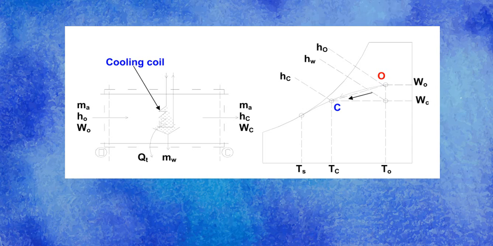So warm air passes through this coil, and in the process a certain amount of energy from this warm air is transferred to your cooling coil, increasing its temperature and resulting in an air-water vapor mixture of lower temperature.